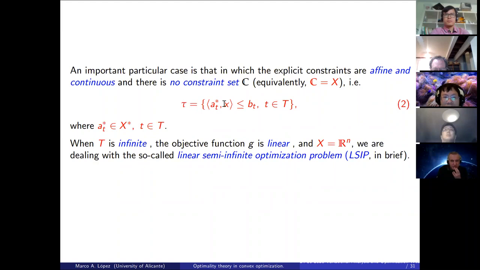And there is no abstract constraint. C is the whole space. In the more particular case in which, of course, capital T is infinite, the objective function is linear, and the underlying space is the Euclidean one, we say that our problem is a linear semi-infinite optimization problem, LSIP in brief.